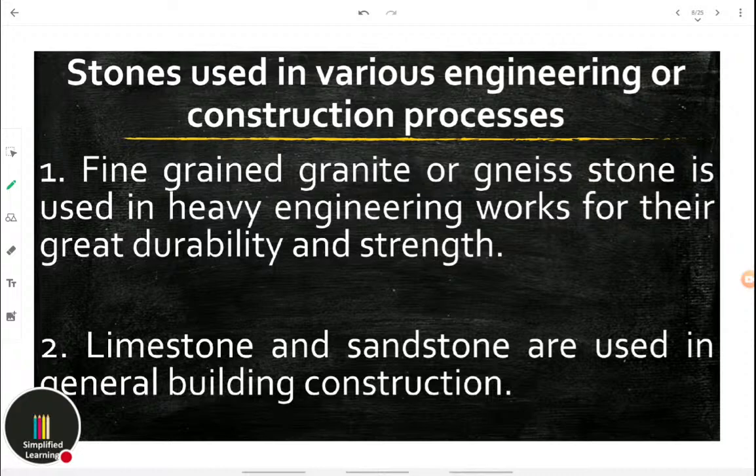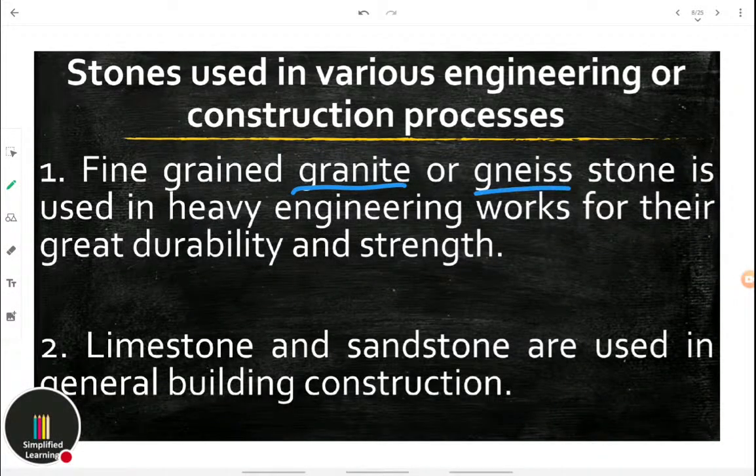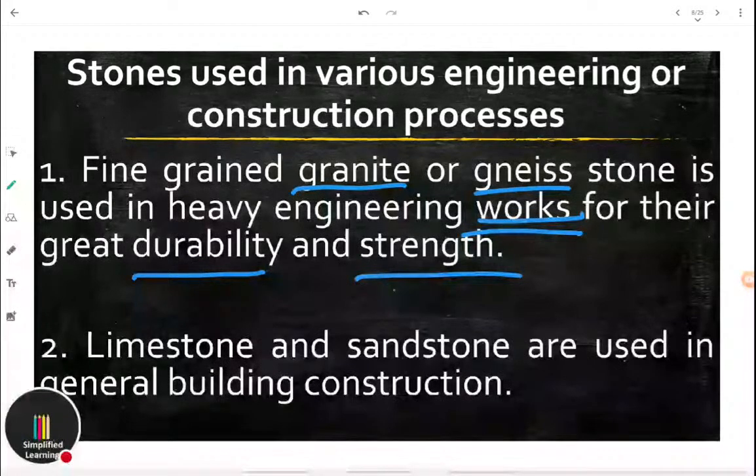That's why we are putting this to use in engineering work where a high amount of load may be exerted upon them. In such projects, the desired properties of the material are good durability and good strength. That's why we go with igneous kind of rock when we are using stone in heavy engineering work.